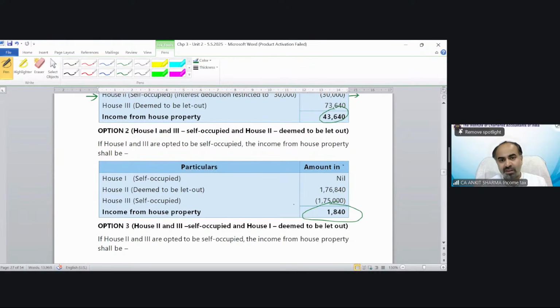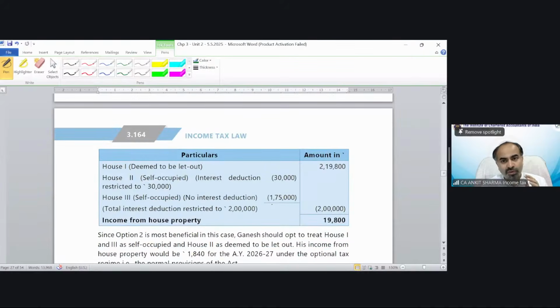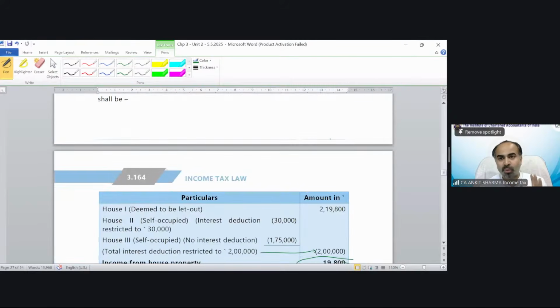So it is better than the first combination. If you are taking house 1 as deemed let out, then the income would be 19,800. You can see the maximum loss is 2 lakh. So 19,800, 1840 or 43640. Which one is best? This one. Because in this case, we have lowest income, 1840.